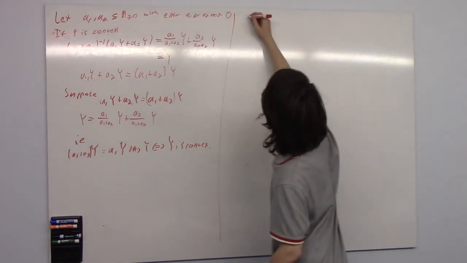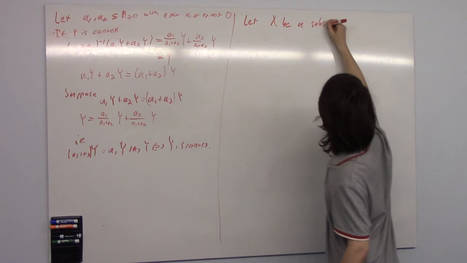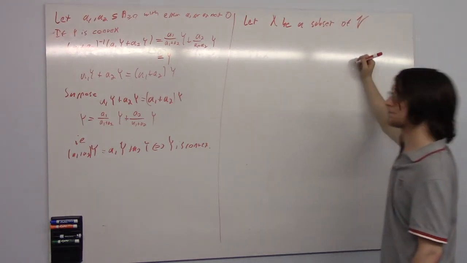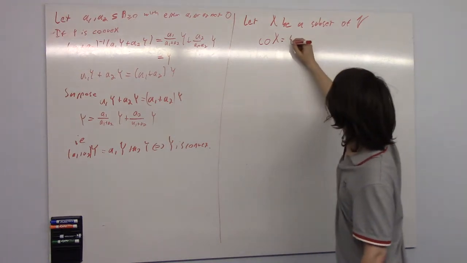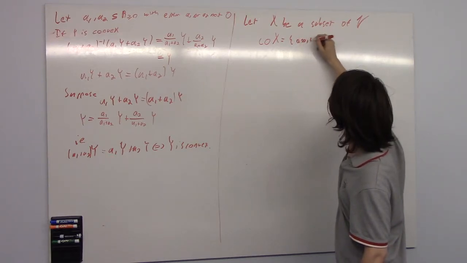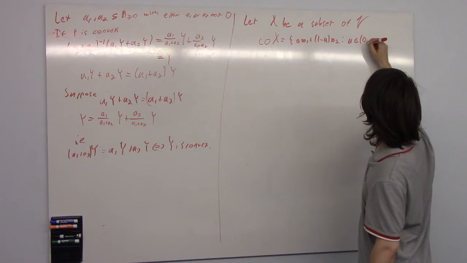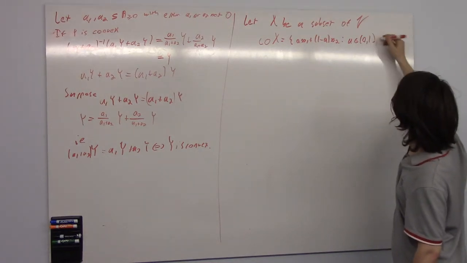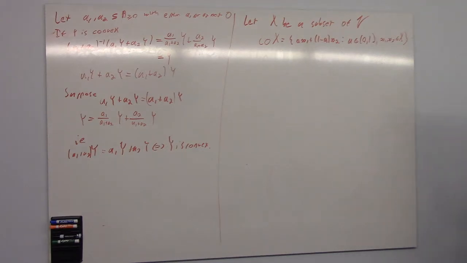Next, let X be a subset of our vector space, and we're going to define the convex hull of X to equal the set a x1 plus (1 minus a) x2, where a is an element of [0, 1] and x1, x2 are elements of X. So, all convex combinations.